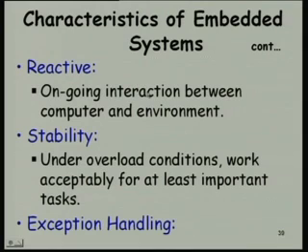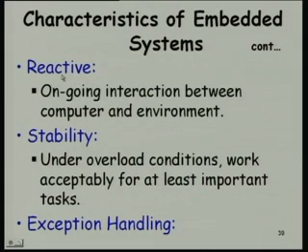A few more characteristics. You might also find these terms as you read literature on real time systems. One is called a reactive system. Many of the applications that we use, for example, a Word package, you use it for some time and close it down, right? That is not a reactive system.